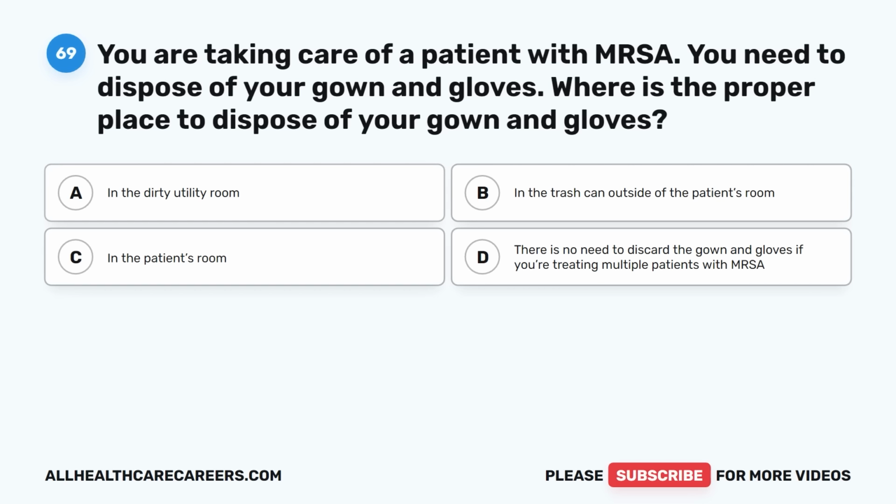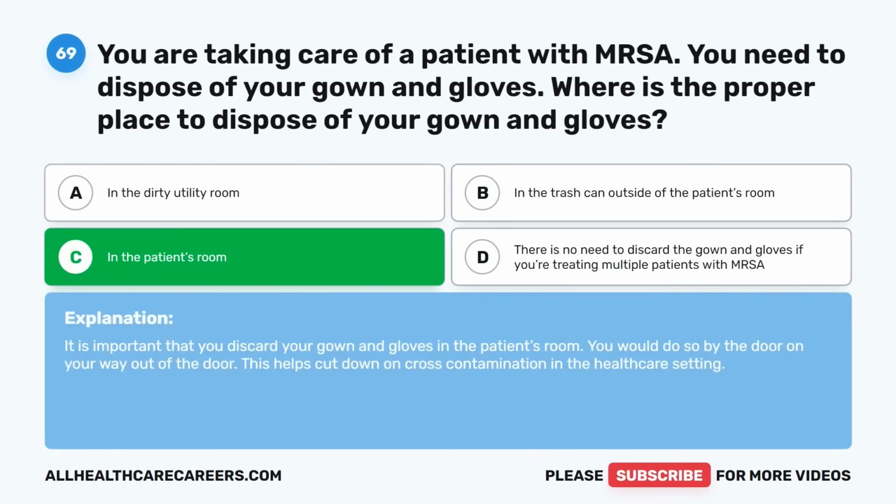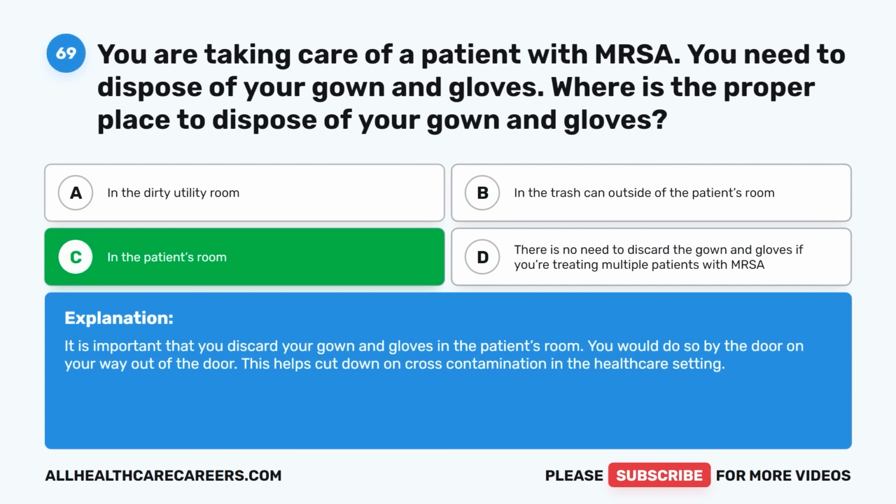D. There is no need to discard the gown and gloves if you're treating multiple patients with MRSA. The correct answer is C. In the patient's room. It is important that you discard your gown and gloves in the patient's room. You would do so by the door on your way out of the door. This helps cut down on cross-contamination in the healthcare setting.